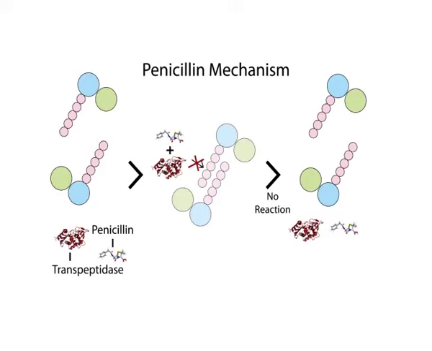Penicillins have a structural resemblance to two D-alanine residues linked together and are mistaken by the transpeptidase enzyme for D-alanine and thus incorporated into the active site. Once bound, the beta-lactam carbonyl is attacked by the serine hydroxyl and ring opening occurs to leave the penicillin covalently bound to the enzyme.